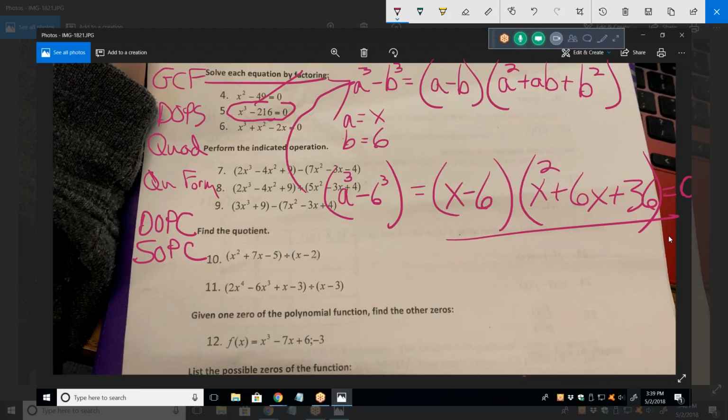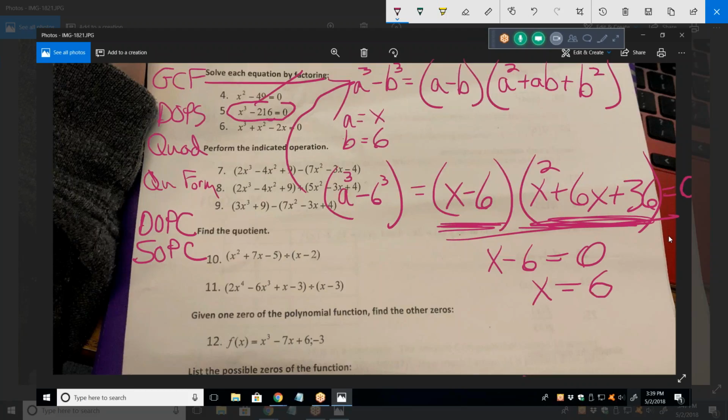Don't forget your first principle of algebra. If you have two things multiplied together that equals 0, one of them has to be 0. So you set x minus 6 equal to 0. What solution does that give you? 6. Okay.